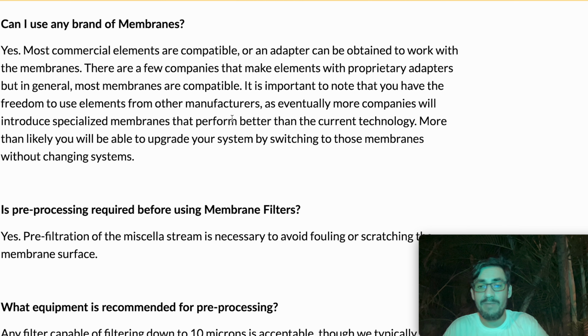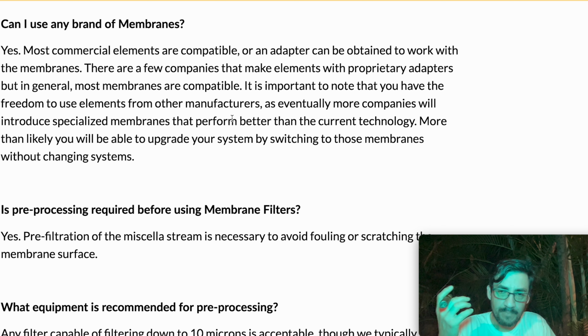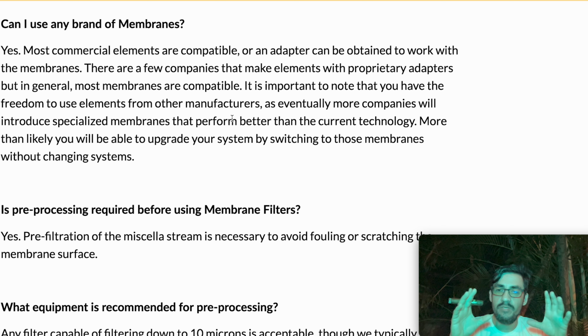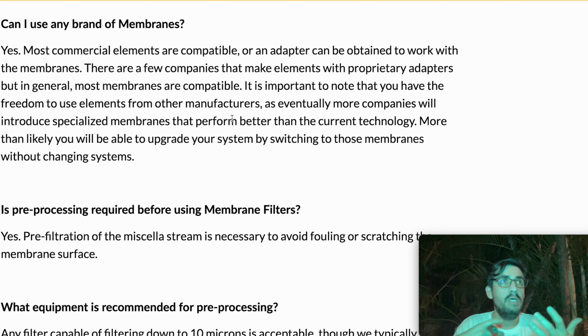Can I use any brand of membranes? Yes, you can. The machine is very flexible and you have a wide operating parameter that allows you to have membranes of different flow rates, which you can control, and pressures that you can control. So you can use any brand.